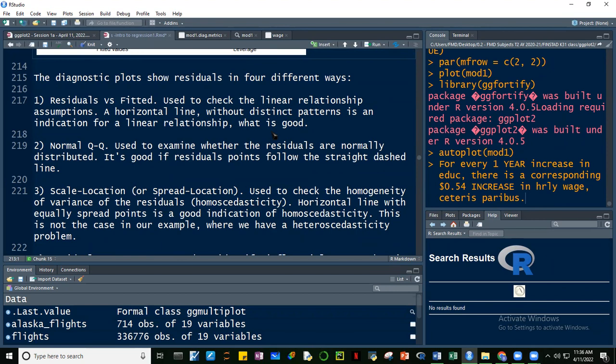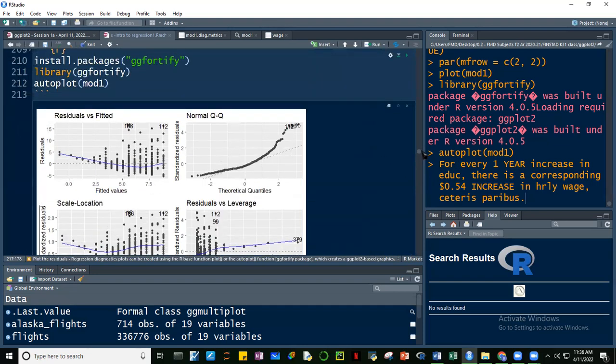Hindi lang yung linear relationship ang tinetest itong residual versus fitted. As I mentioned a while ago, it tests for heteroscedasticity. So kung medyo hindi siya sumusunod dun sa dotted lines, guys, then it's indicative that there might be heteroscedasticity.